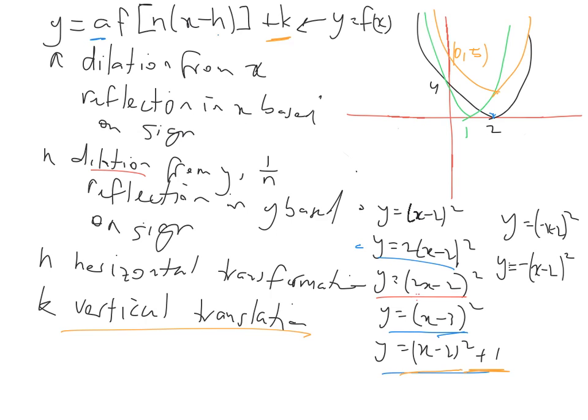Alright, now we're going to have a look at a reflection. So we're having a look at this one. So now whatever is in front of x, once again it's n, and if it's negative, well then it's going to reflect in the y-axis. So where we're at 2, we're going to go to negative 2.